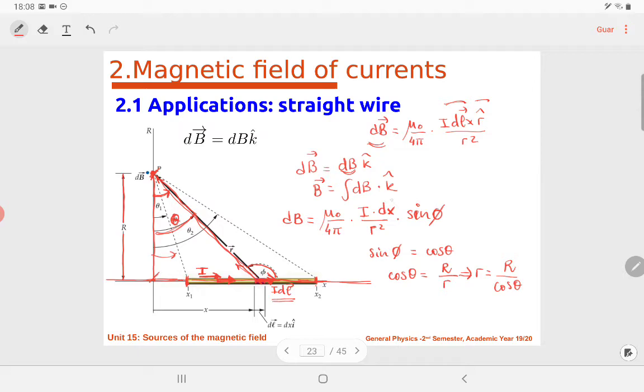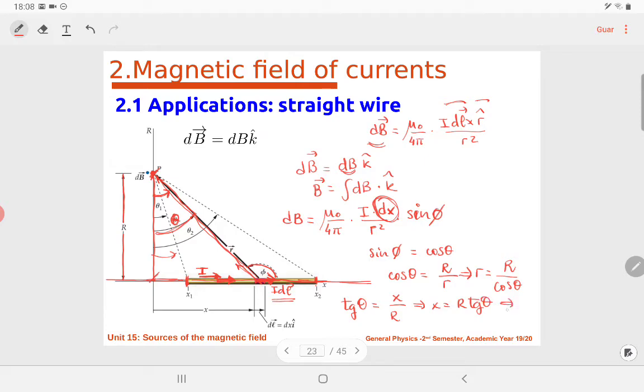And the other element we have to put as a function of theta is differential of x. To do this, we can say that the tangent of theta is equal to x divided by big R. So x is equal to R tangent of theta.